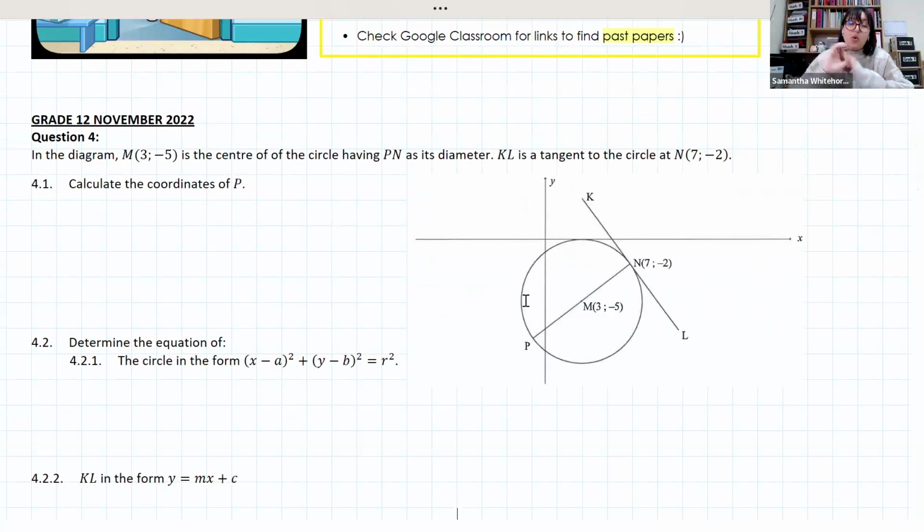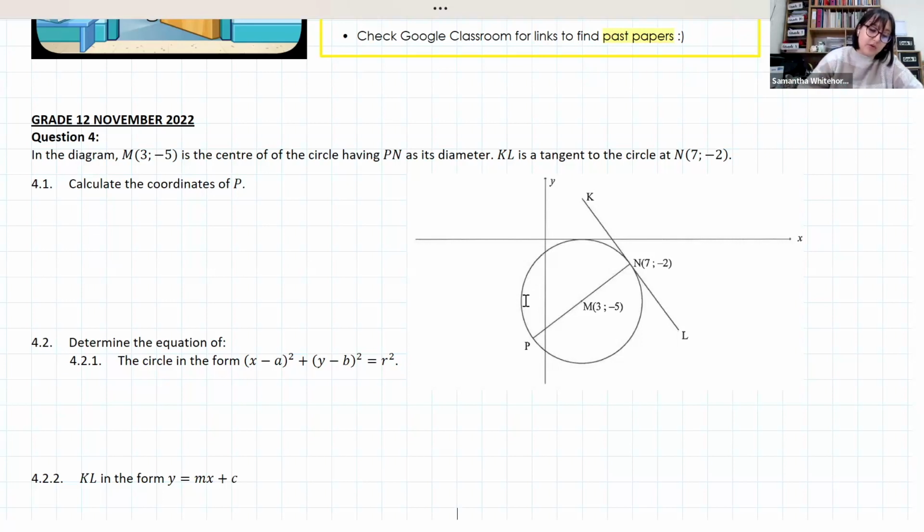We have a point on the circumference, which means that we can go and work out what the radius is, because even if I don't tell you how long the radius is, as long as you've got the center and a point on your circle, you're sorted. And we know we have a tangent. So we know that there is a point on the circle circumference where a line passes through once. So the first question says, calculate the coordinates of P.